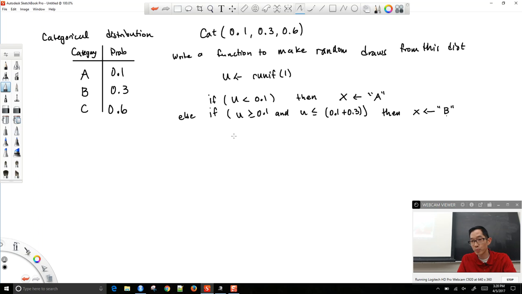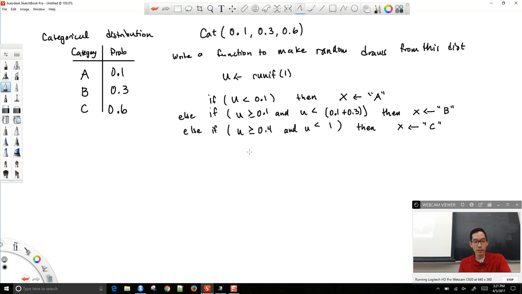Then x is given the value B. Then finally u is greater than or equal to 0.4 and u is less than 1, then x gets assigned C. Obviously some of these parts are redundant, but is this okay? If we've got a categorical distribution and we can generate numbers on the interval 0 to 1, can we then generate random draws from this categorical distribution? The answer is yes, we can.